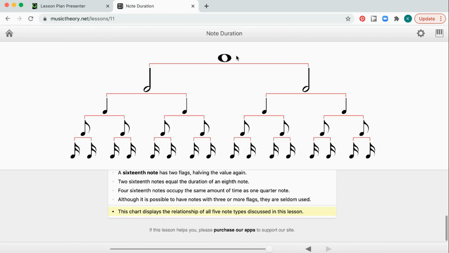Here we have the whole note, which equals 4 beats, 2 half notes, each equal 2 beats, 4 quarter notes, each equal 1 beat, 8 eighth notes, each equal half of a beat, and then finally, as we get even more flags, we can count how many are here. 1, 2, 3, 4, 5, 6, 7, 8, 9, 10, 11, 12, 13, 14, 15, 16. So these are called 16th notes.